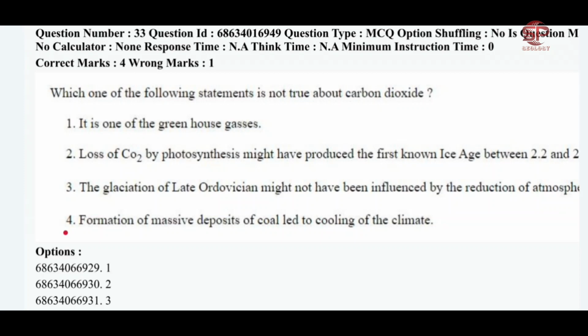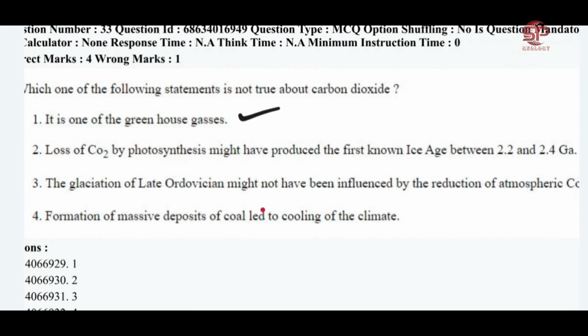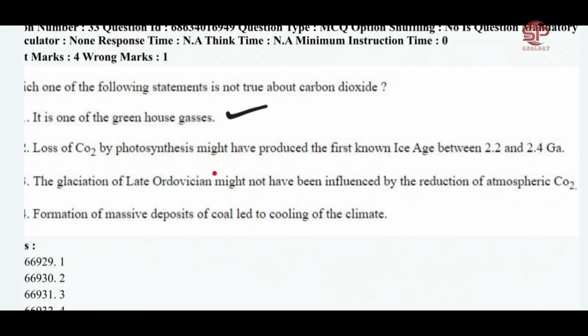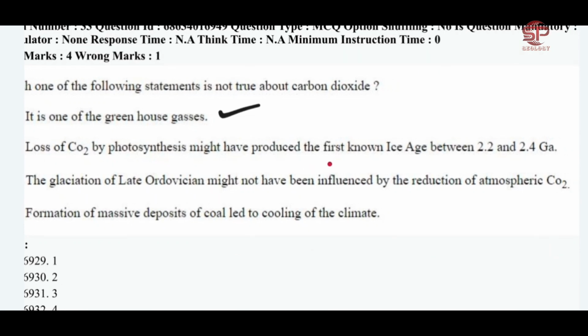Which one of the following statements is not true about carbon dioxide? First, it is one of the greenhouse gases. It is correct. Then, loss of CO2 by photosynthesis might have produced the first known ice age glacier between 2.2 to 2.4. This is the age we call Archean.